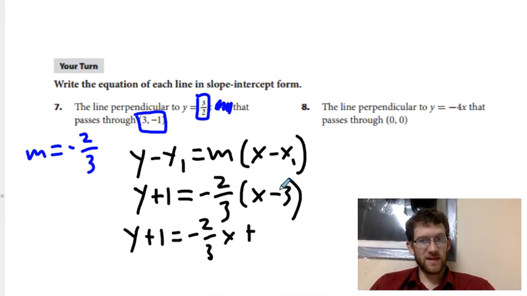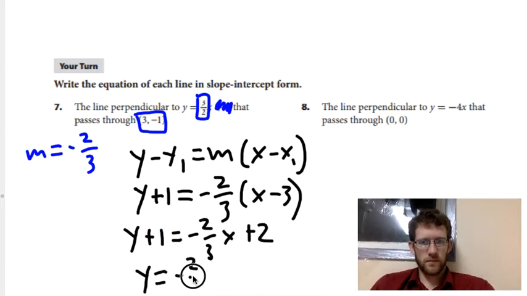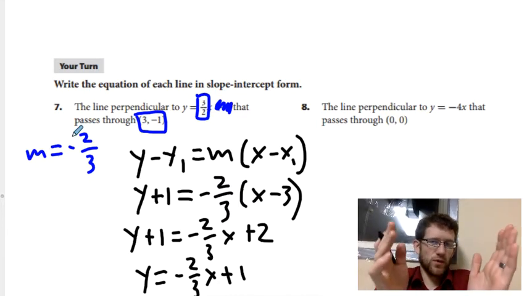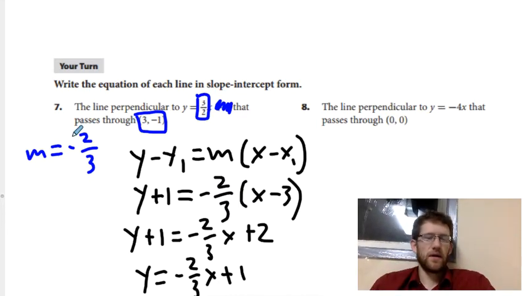Negative 2/3 times a negative 3 is a positive 2. And then we subtract 1. That gives me a final answer of y equals negative 2/3 x plus 1. Notice here that the slope is negative 2/3, right? It doesn't change as I go through this equation. So that's just one double check that I did this right. The slope should remain unchanged.